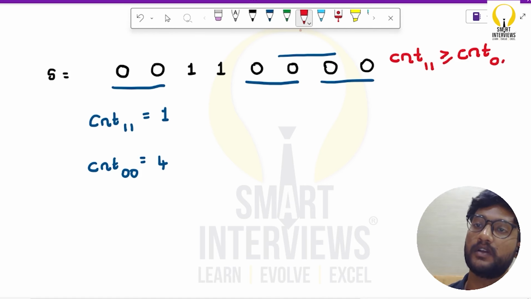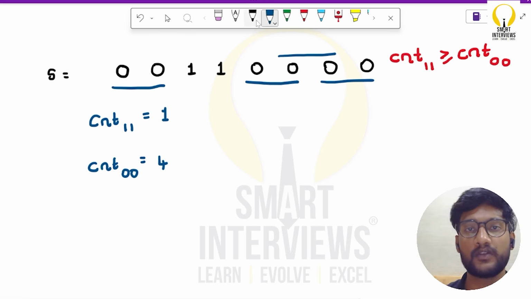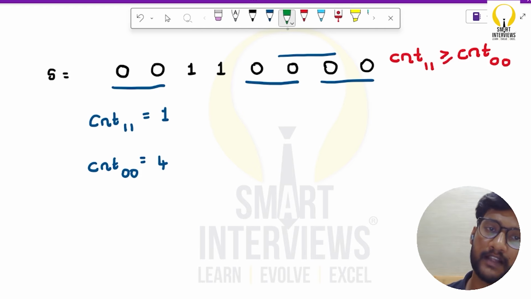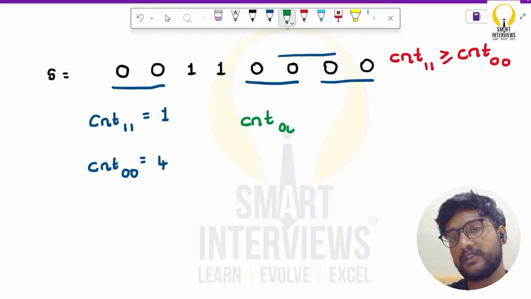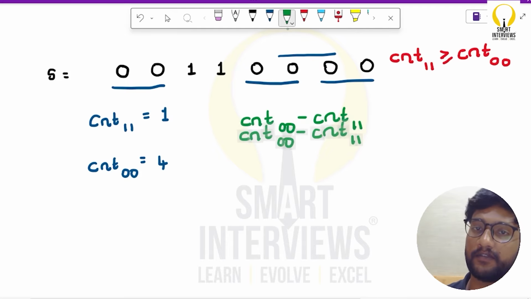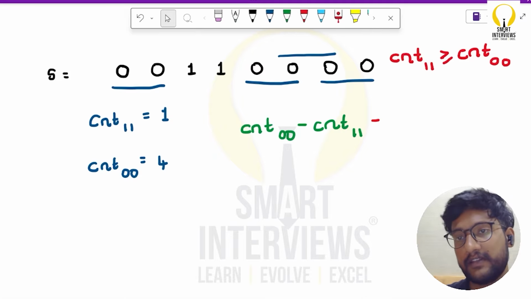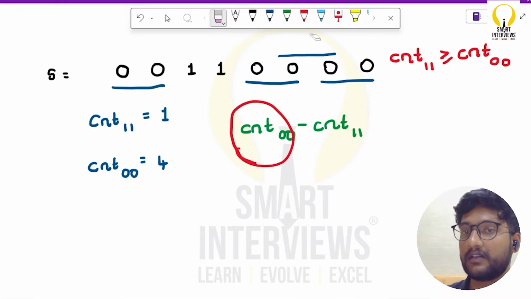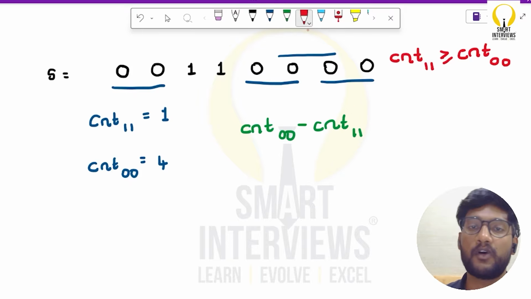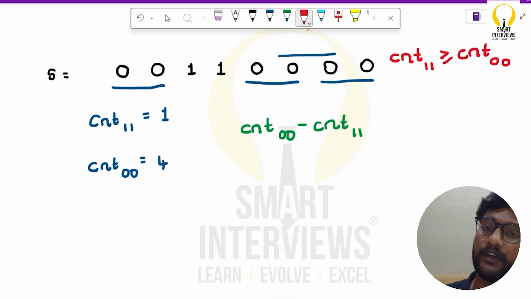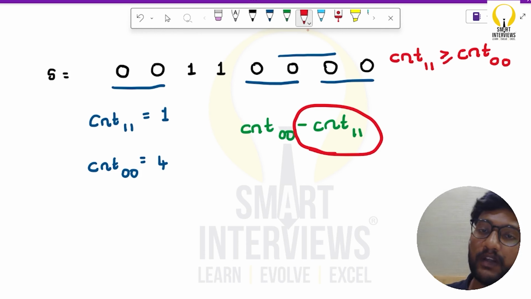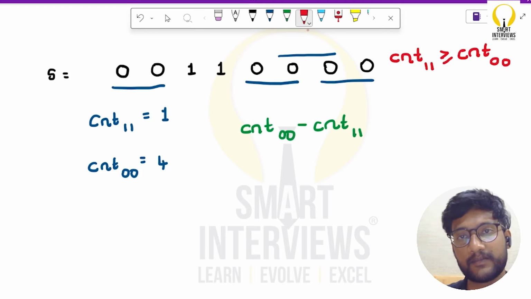Until then, you are supposed to flip your values. So what I can do first of all is simply find the difference: the count of 00 minus the count of 11. If this is greater than zero, you are supposed to flip, obviously. Or else, if it is a negative value, that means your count of 11 is greater than the count of 00.